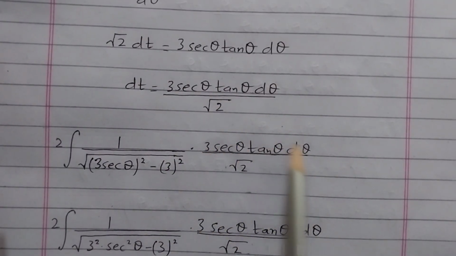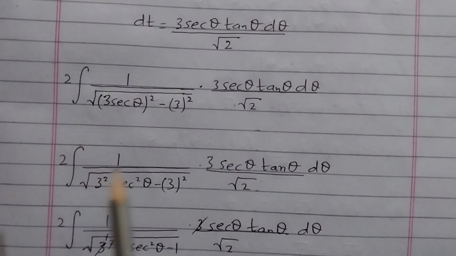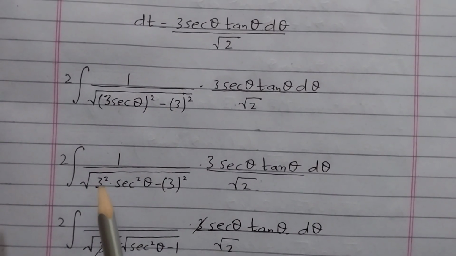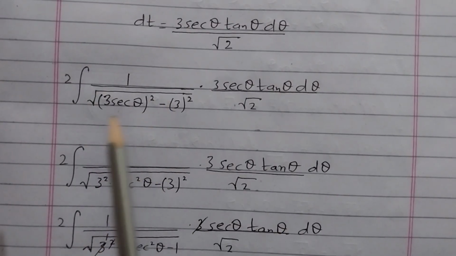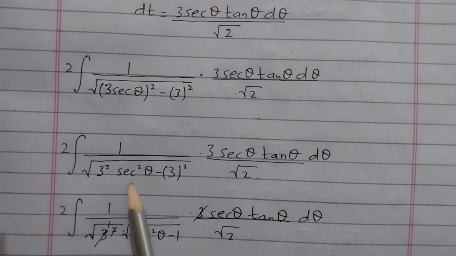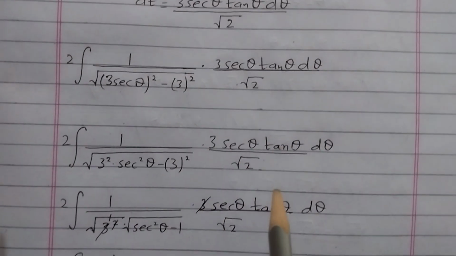So just put in that value. So 2 times the integral of 1 over, I have separated this 3 squared so that we can take it common from both the terms. So this becomes 3 squared times secant square theta minus 3 squared, and this thing is the same.